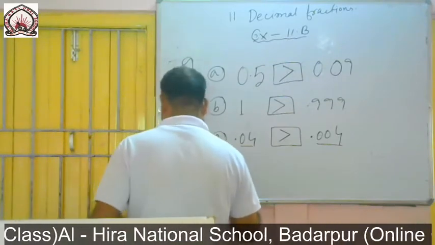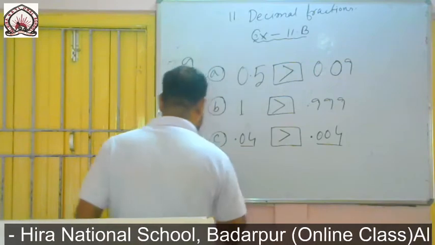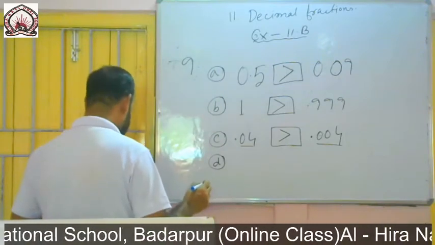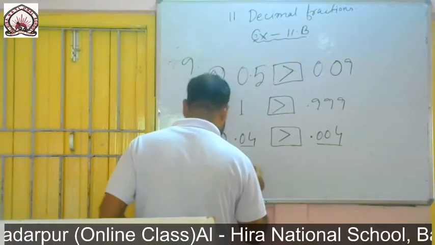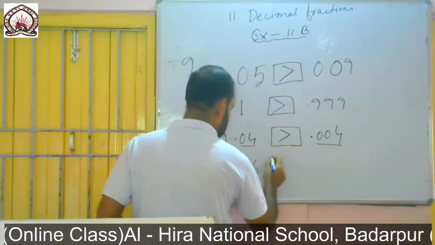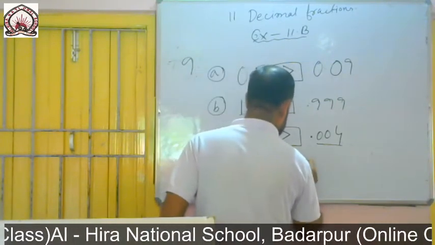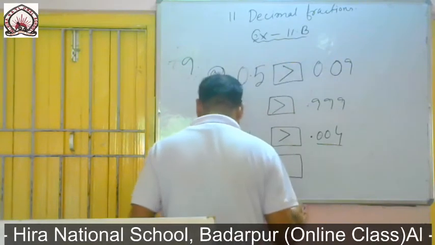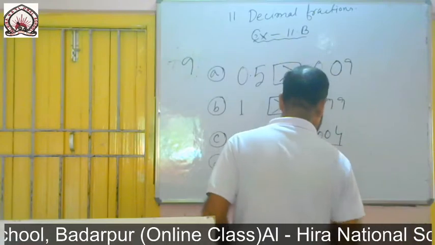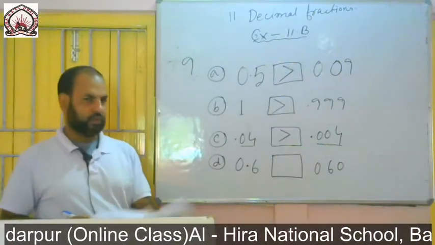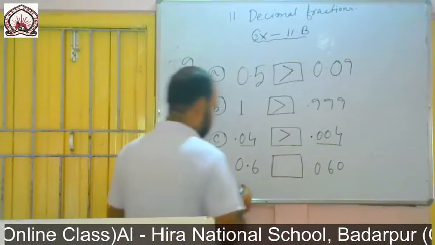Next, question number D. 0.6 and 0.60. Same, first we make them like decimals.